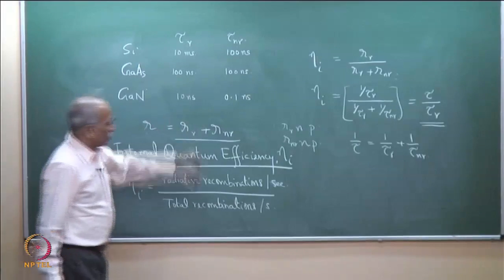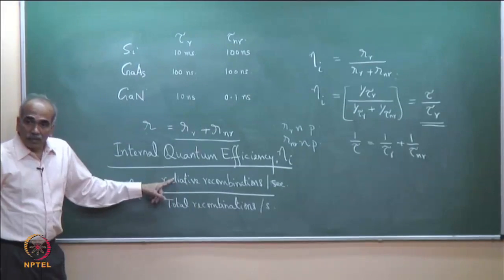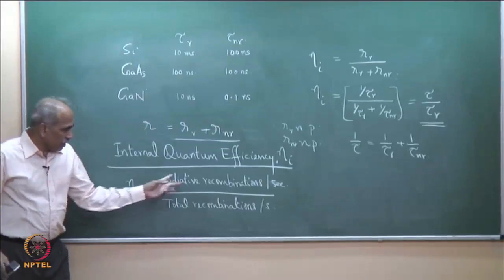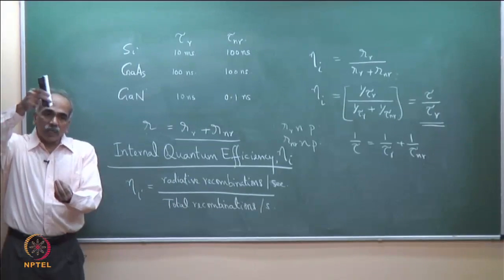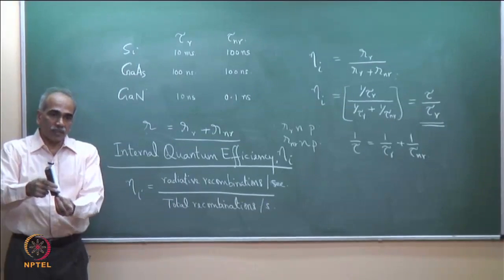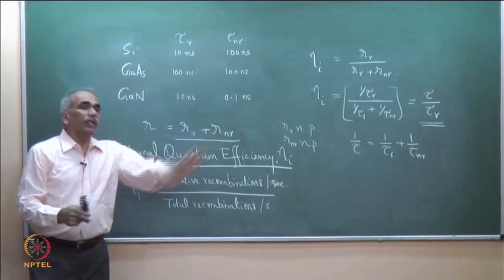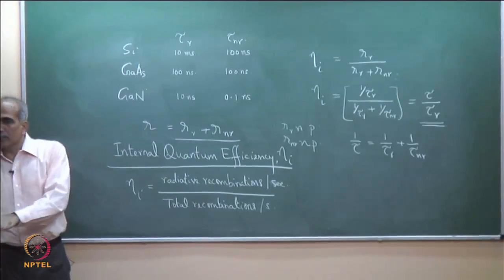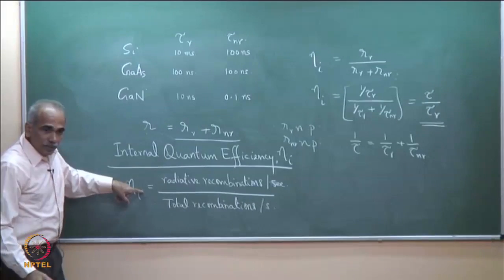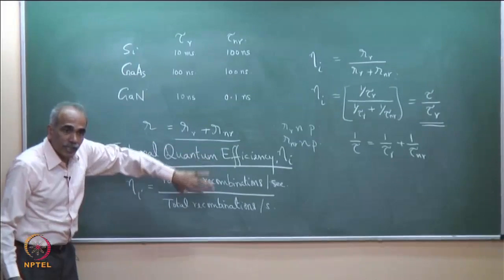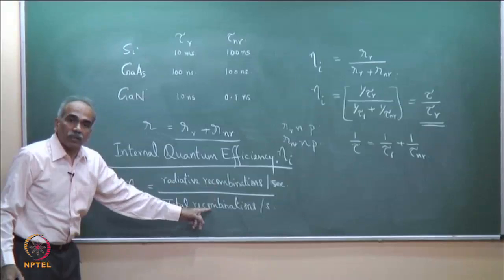What does this mean? What have I written here? This tells us if there are 100 recombinations taking place, if 10 of them lead to the generation of photon and 90 of them do not, then this ratio is 10 divided by 100, which is 0.1.